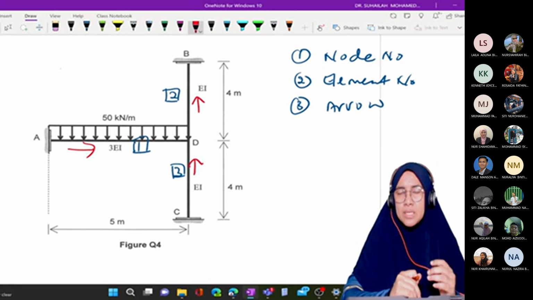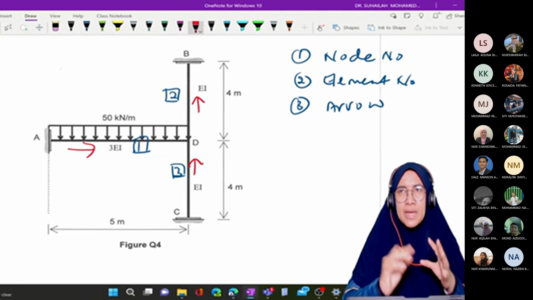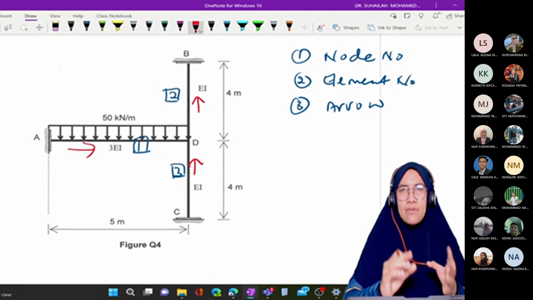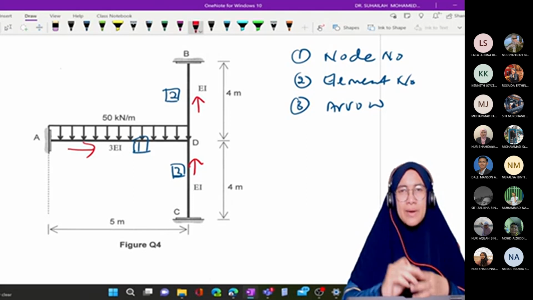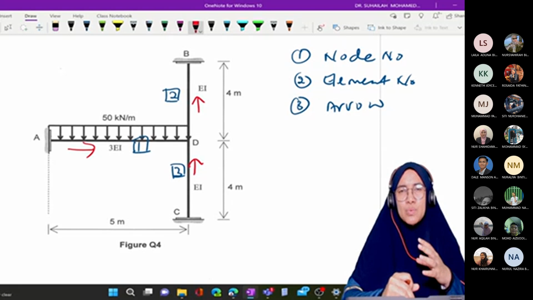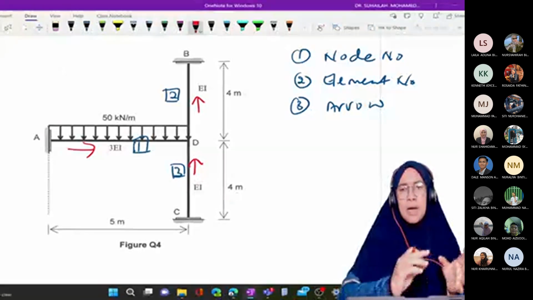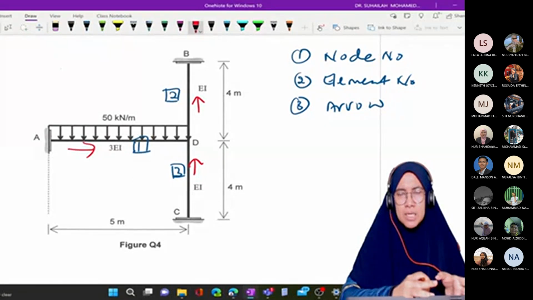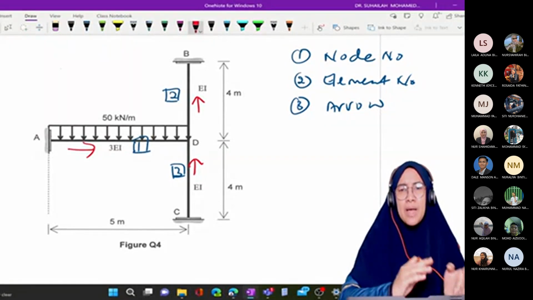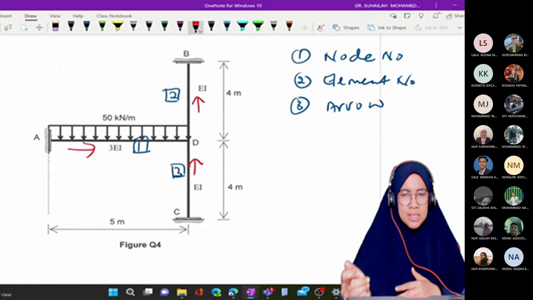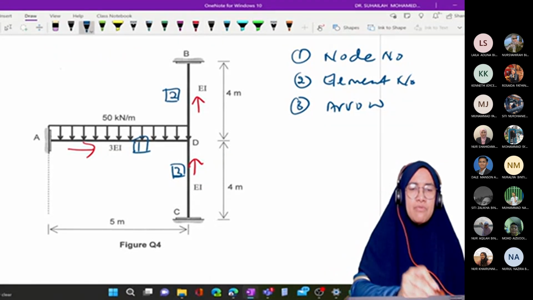Arrow is important in order to identify near and far nodes, and to label K correctly. Because we have to label K according to near to far. Near XYZ, far XYZ.